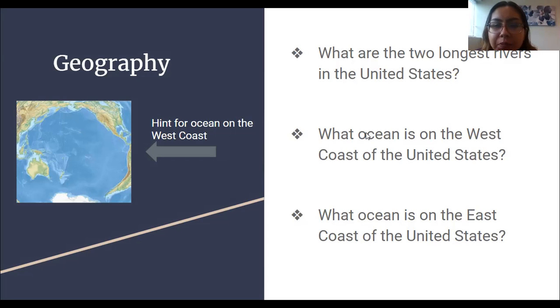I don't know if that logic makes any sense, but that is what I do to help me remember which ocean is where. So figure out whatever works for you, whatever you think helps you in memorizing which rivers come where. And overall, it's very good to know, just as general understanding.